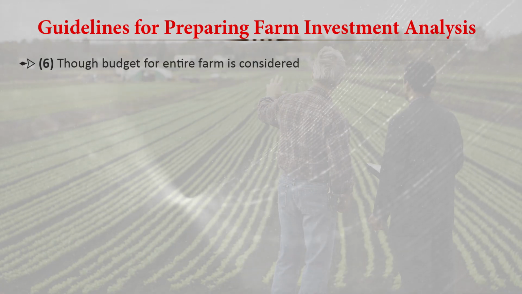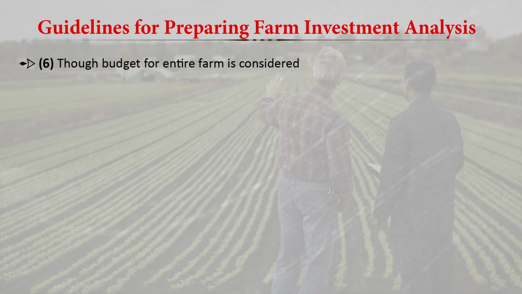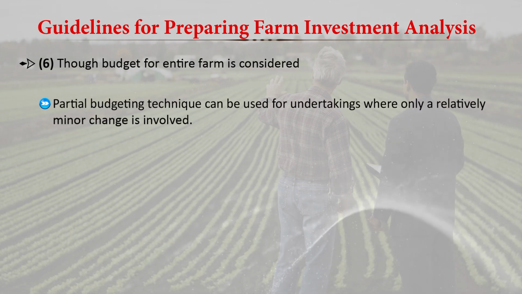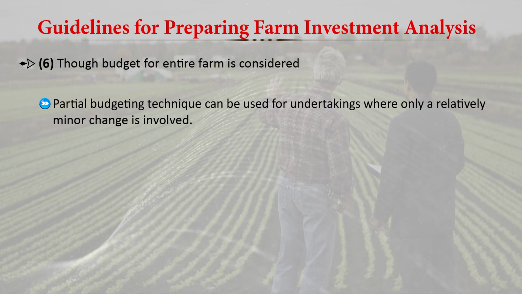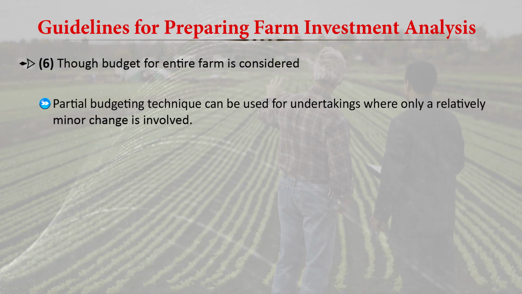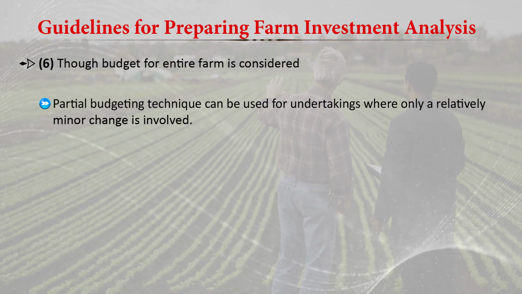And the budget: whenever we do the analysis, we prepare the new budget of the entire farm. But sometimes if there are not many changes, or only a small component requires some changes, we can prepare a partial budget, so we can follow the partial budgeting technique also.